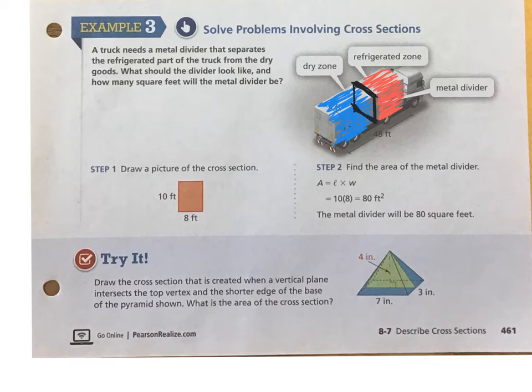So the first thing that we need to do is look at this piece that makes up that metal divider and determine what those dimensions are. So I'm going to erase my coloring here so we can go back and look at those dimensions. So the metal divider, again, is this piece right here.